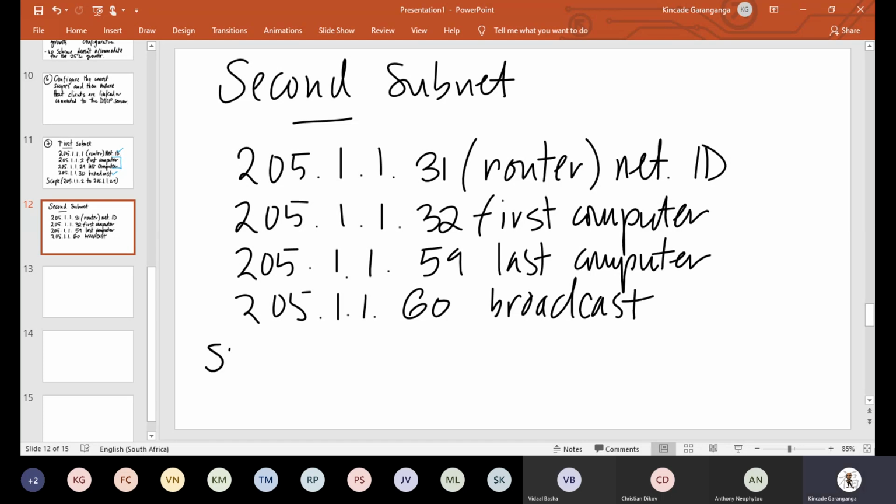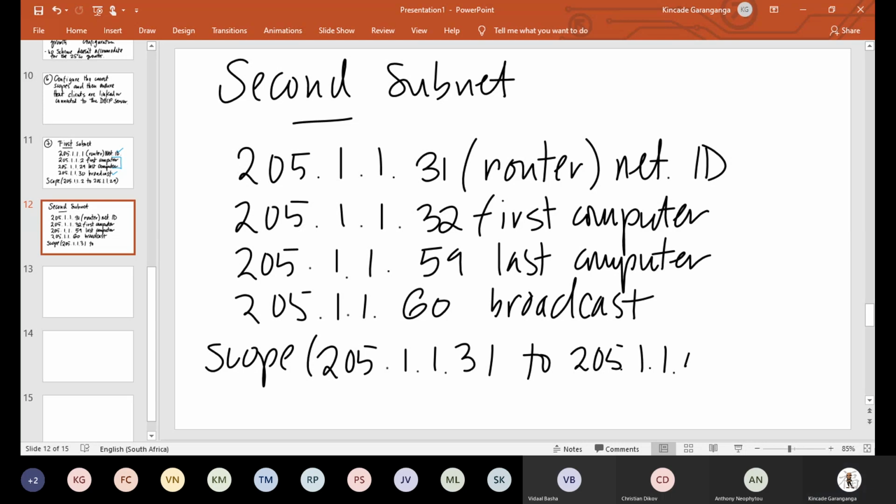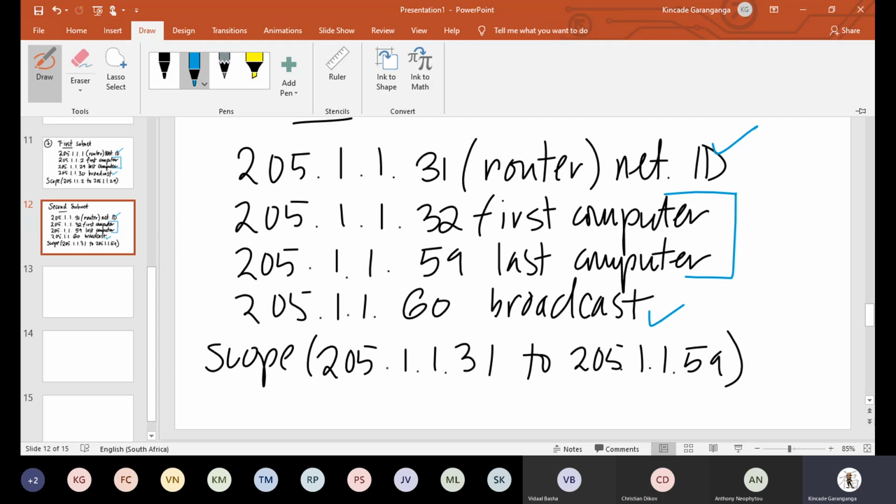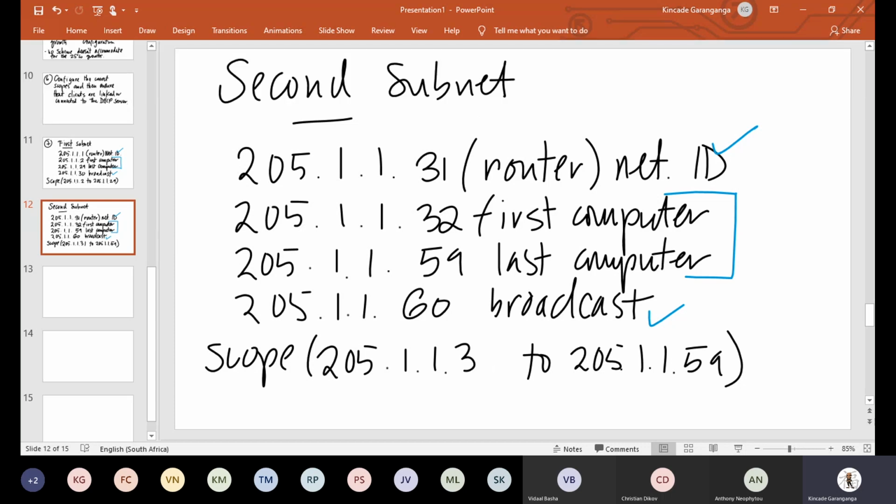So which means that if you look at our second scope here, it is going to be 205.1.1.31 all the way to 205.1.1.59. And like we said before in the previous one, that one is net ID, that one is broadcast. So our scope is actually going to be 32 to, oops, my mistake here, 32 to 59. So my mistake, apologies there. This number here is actually supposed to be 32.